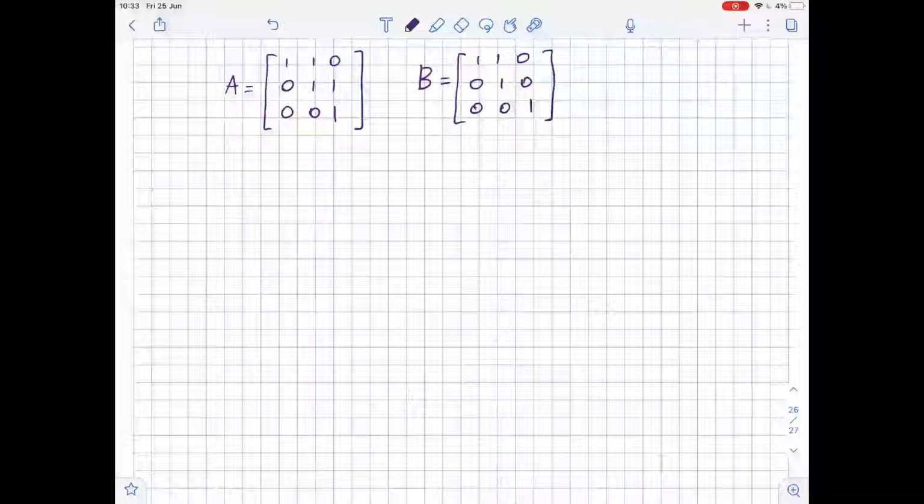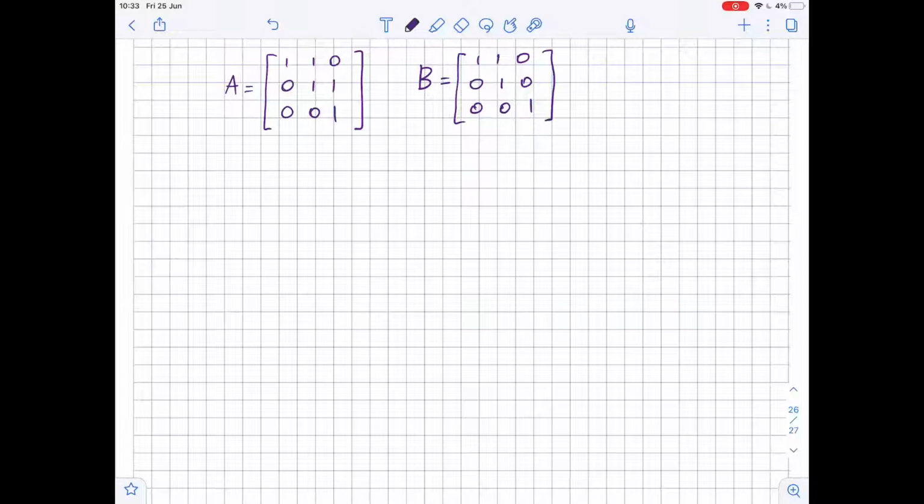So we need to determine whether matrix A is similar to matrix B, and if they are, we need to give an invertible matrix P such that P inverse times A times P equals B. It can be observed that matrices A and B are diagonal matrices, so the eigenvalues are the entries on the main diagonal.